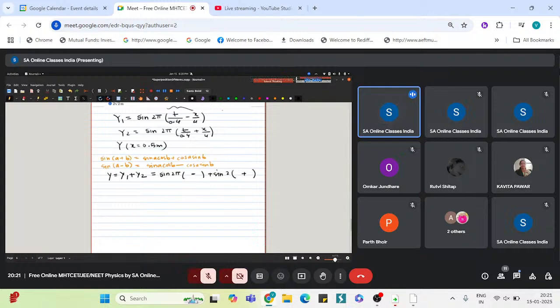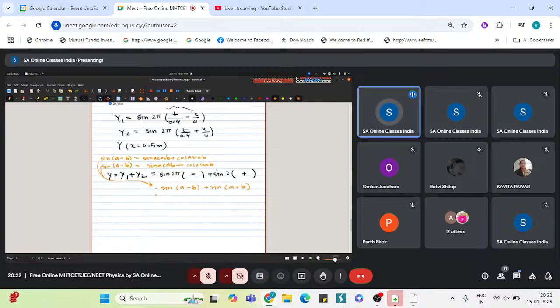So essentially this problem is of the form of sine (a minus b) plus sine (a plus b), right? And then we can substitute these two values here, and see what is the outcome of that.